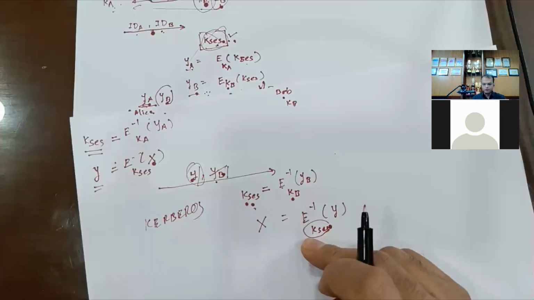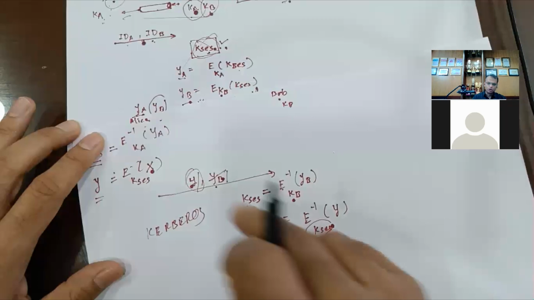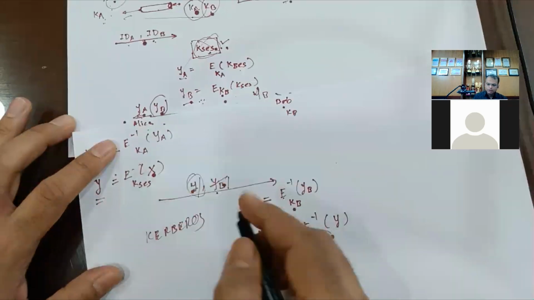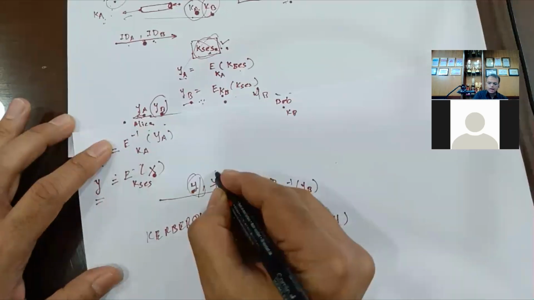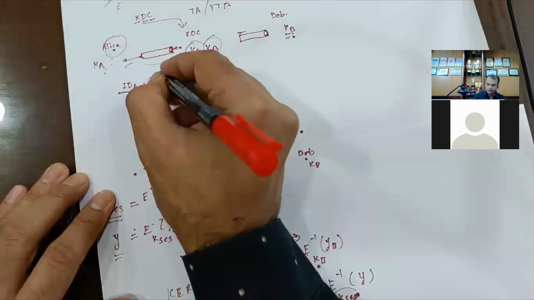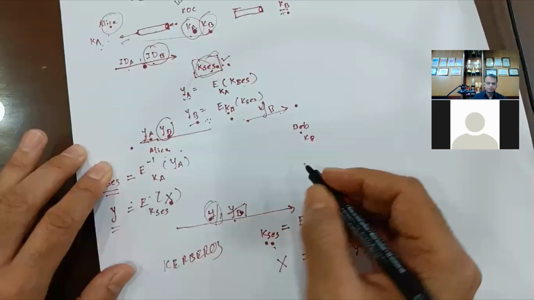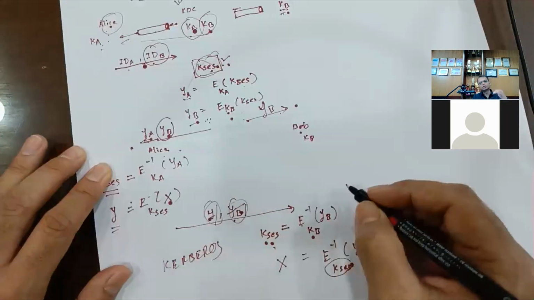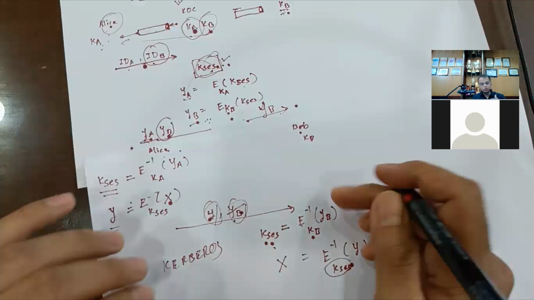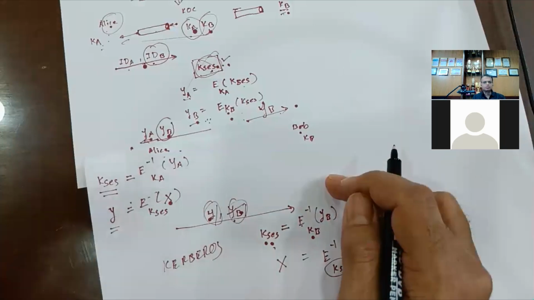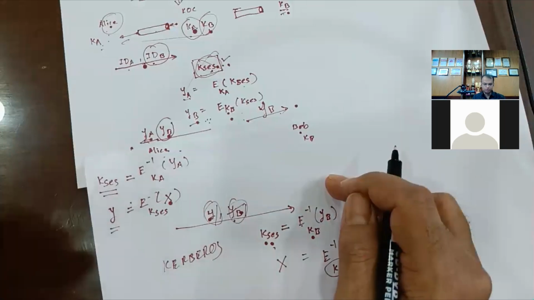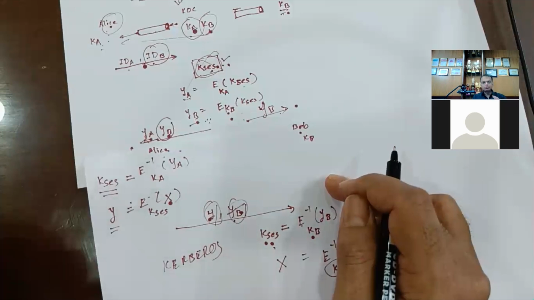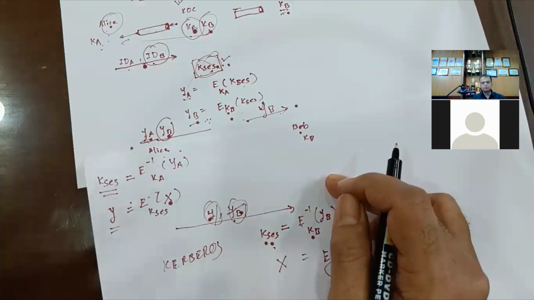Again, you will have to modify this protocol so that you add an identifier along with the YB, so that Bob will come to know who is sending the actual message. So you need a little bit of modification here and there to create a protocol.